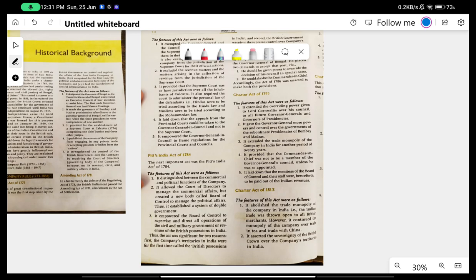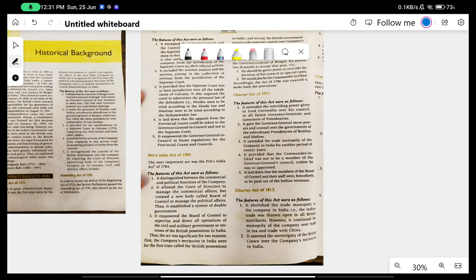Rather, it would be working according to the instructions received from the British government. It sort of became an instrument of the British government to preside over India. This was the time when India was officially made a colony of Britain, though it was not declared so.